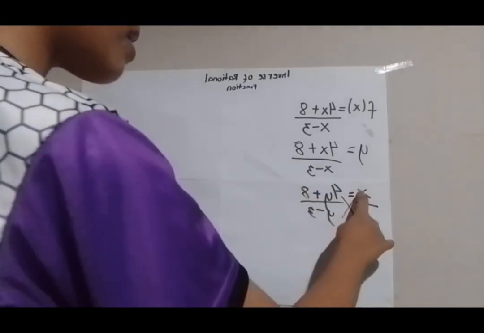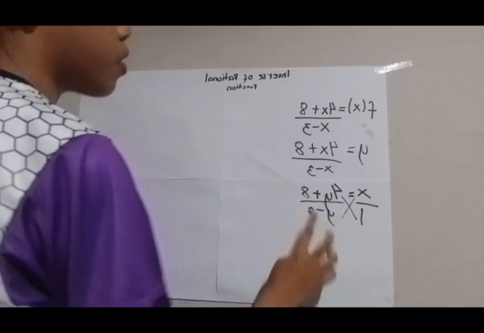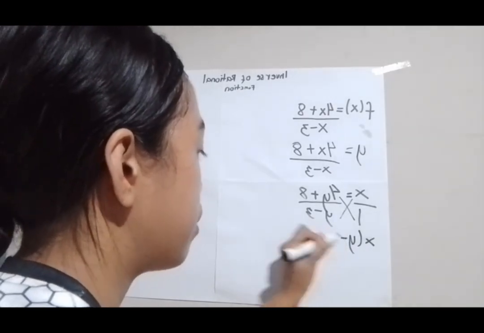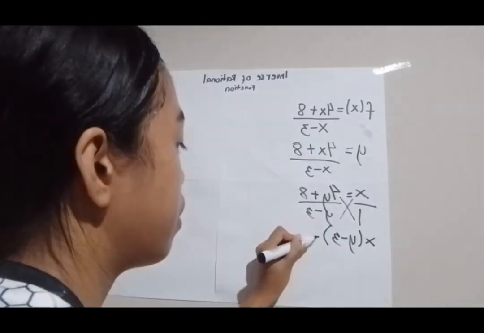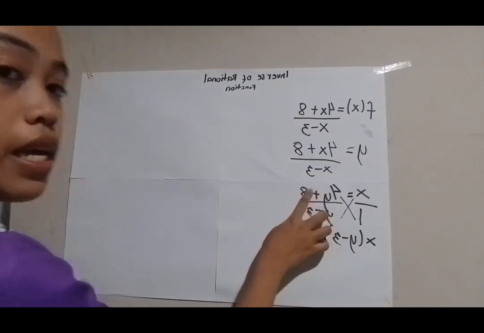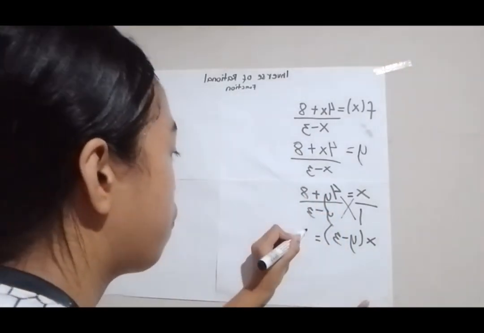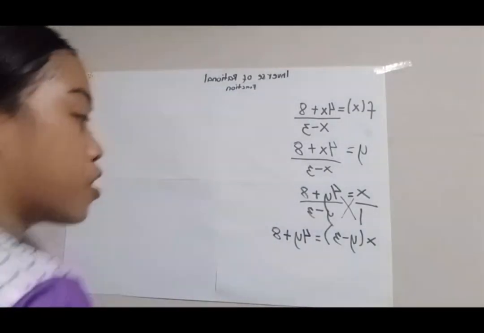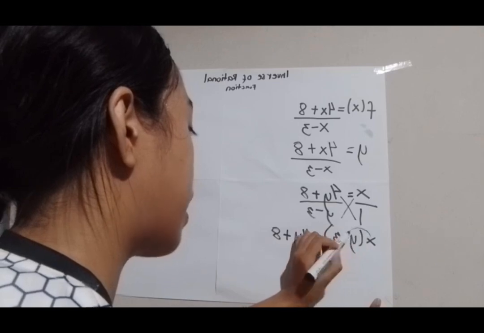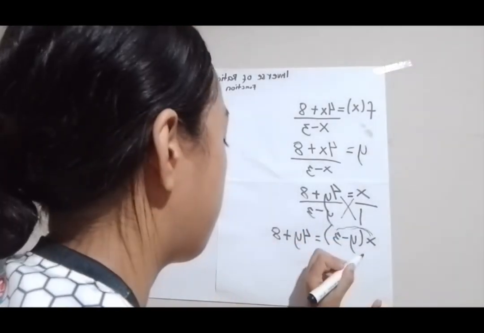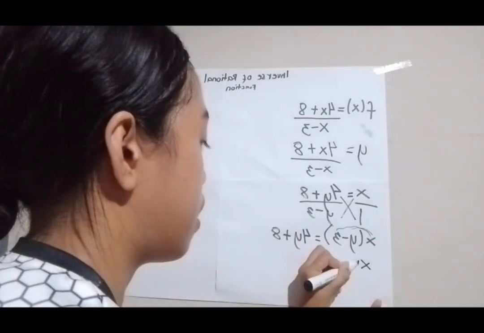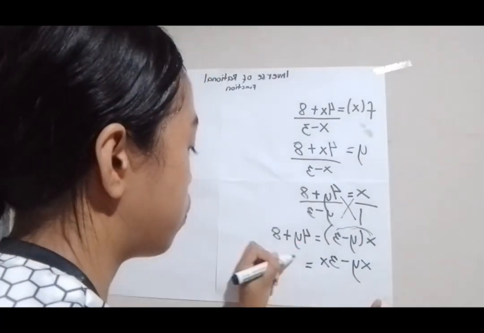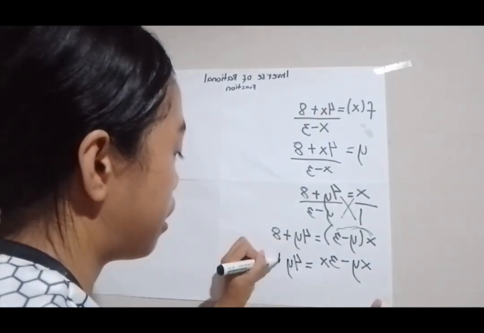So x times (y minus 3) equals 1 times (4y plus 8), which is 4y plus 8. Next, distribute x to y minus 3. So xy minus 3x equals 4y plus 8.